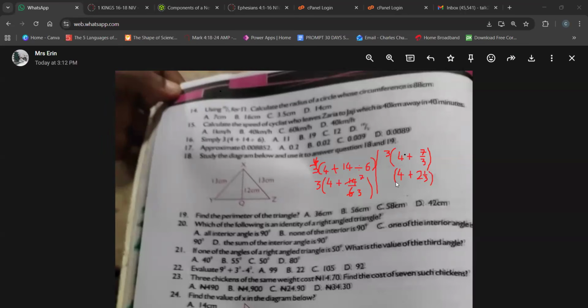So now watch what I'm going to do. 3 times 6 whole number 1 over 3. Change that 6 whole number 1 over 3 to what? We'll change it to an improper fraction.